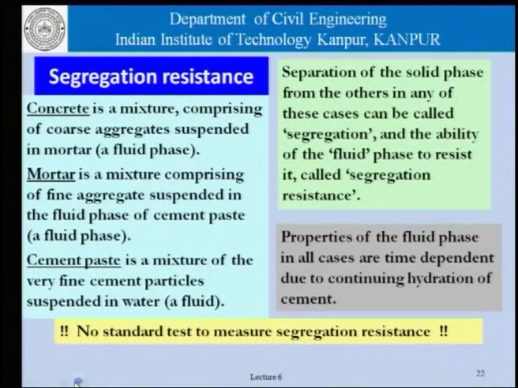Having said all this, there are no standard tests to measure segregation resistance, and we can only talk in terms of segregation resistance in qualitative terms. That is, we look at a concrete or a mortar and say that segregation has occurred. We are not able to quantify this so far, and it is a challenge to concrete engineers to develop an appropriate and a robust test.